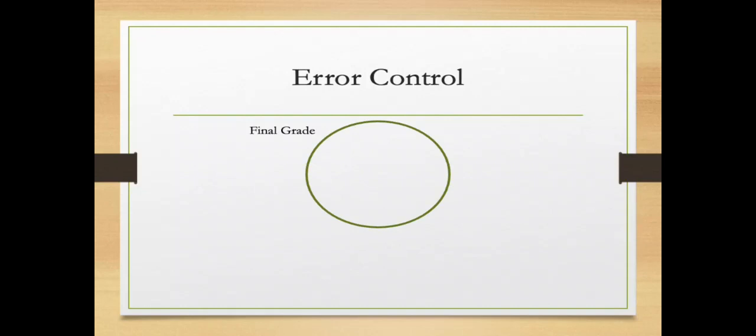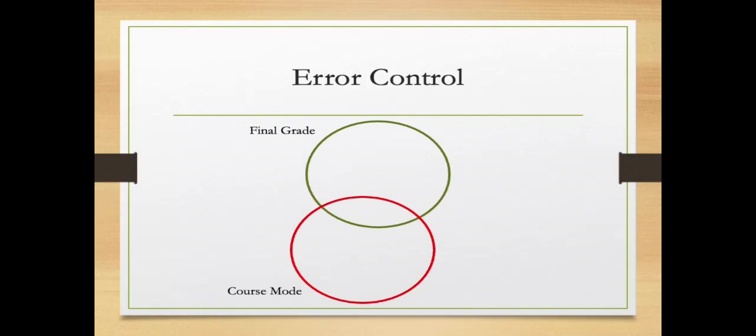This circle represents all of the variability associated with student final grades in the course. You might be interested in identifying the extent to which there is an effect of moving the course entirely online, and so you might be interested in evaluating the extent to which there is a difference between a group of students that study entirely online and a group of students that study entirely in the classroom.